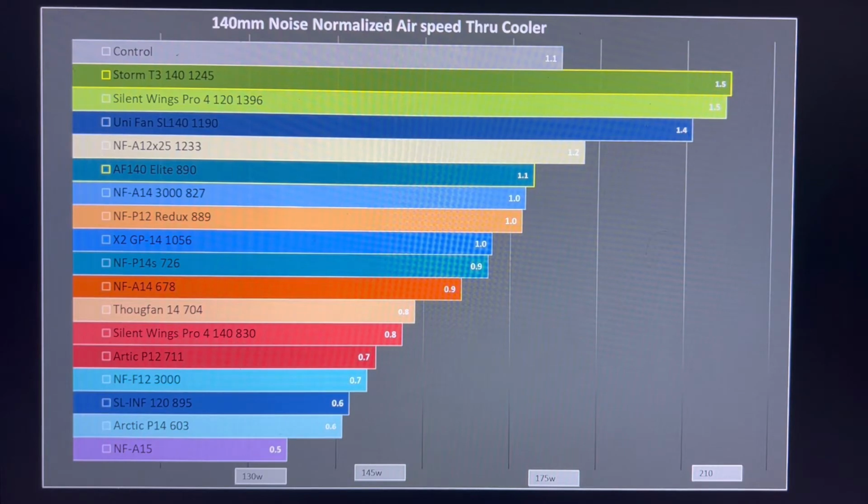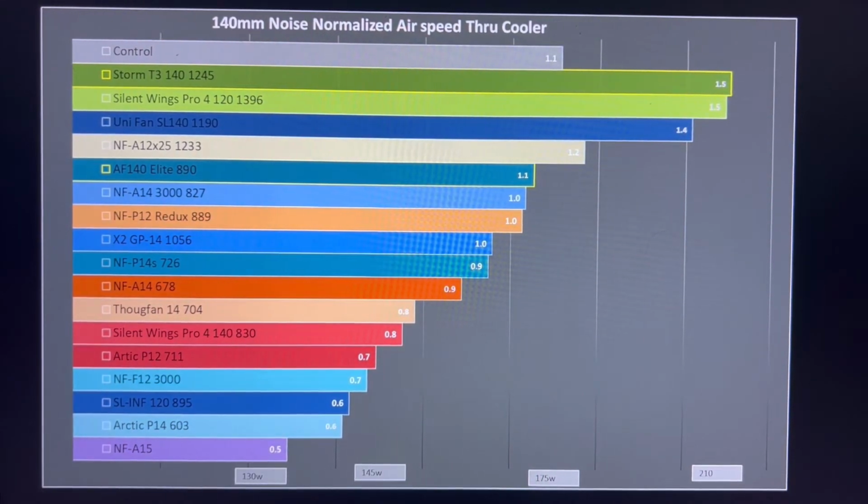And as for noise values, my readings with my microphone are approximately plus or minus 3 decibels. So fans that are within 3 decibels and within that 0.1 meter per second, you could consider to be functionally equivalent just because of the error that I'm able to produce right now, which I hope to be able to improve on thanks to supporters like you and subscribing to this channel.